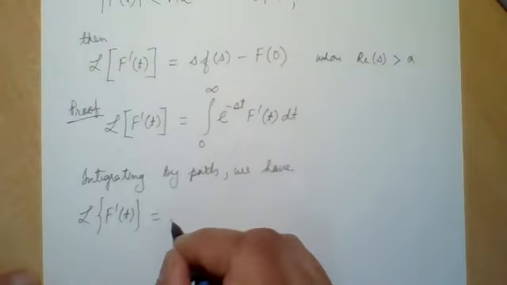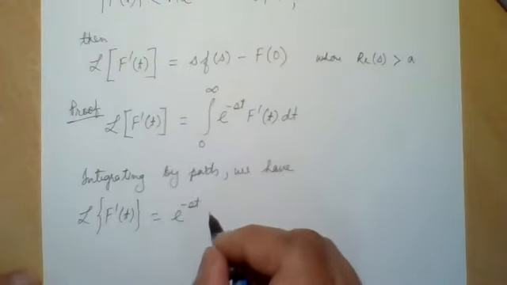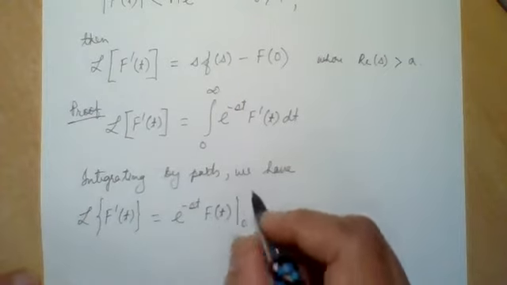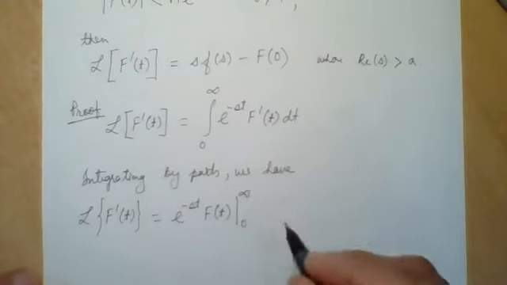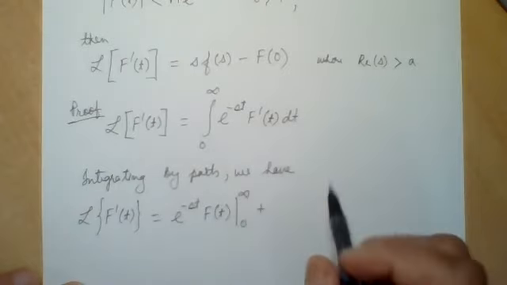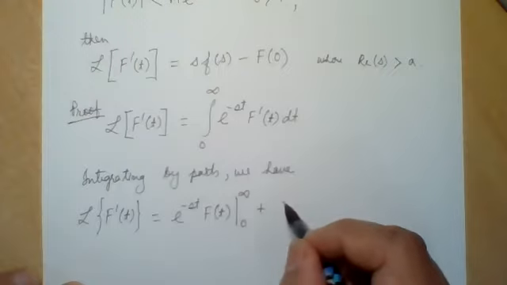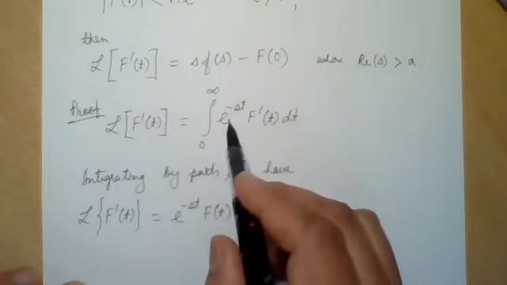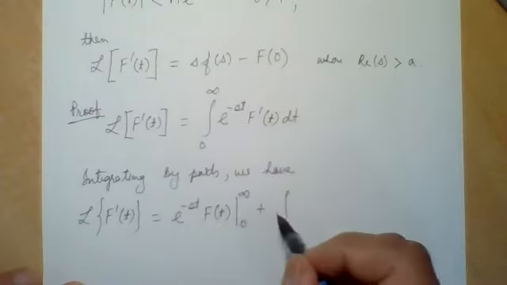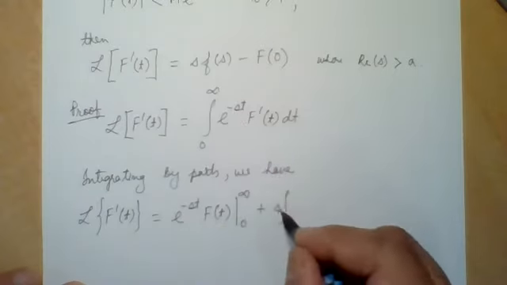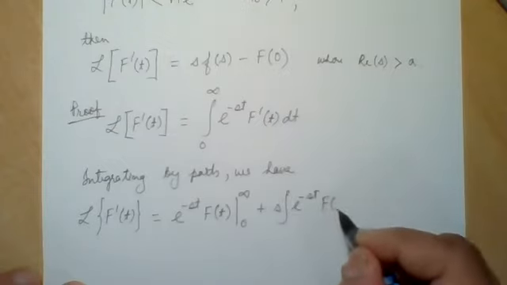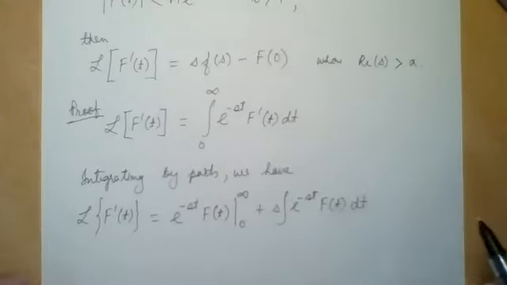So this is the first function multiplied by the integral of the second function, that is f of t, calculated at 0 and infinity, plus, now this is actually minus, but the differential of the first function gives another minus s from here. So we get plus here: s times e to the power minus st, then the integral of the second function f of t dt.